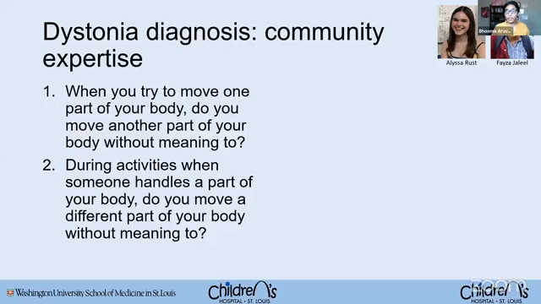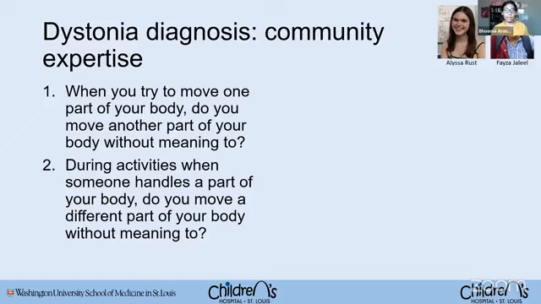So when you're trying to assess something variable, history can be really important. And what we found in a group of about 100 people with cerebral palsy is that when we ask them these two questions: when you try to move one part of your body, does another part of your body move out of your control? And during activities where someone handles one part of your body, does a different part of your body move out of your control?